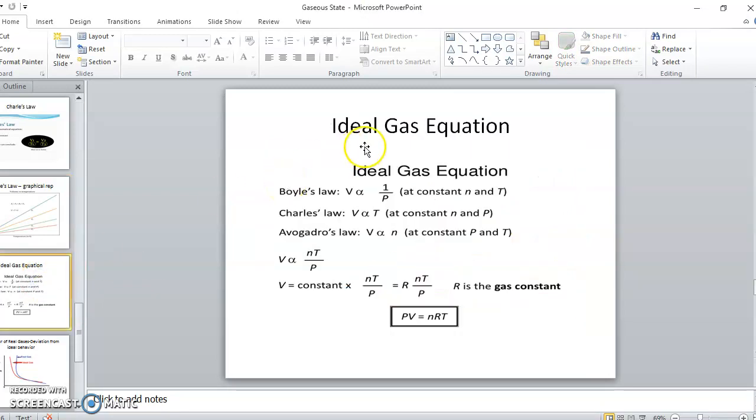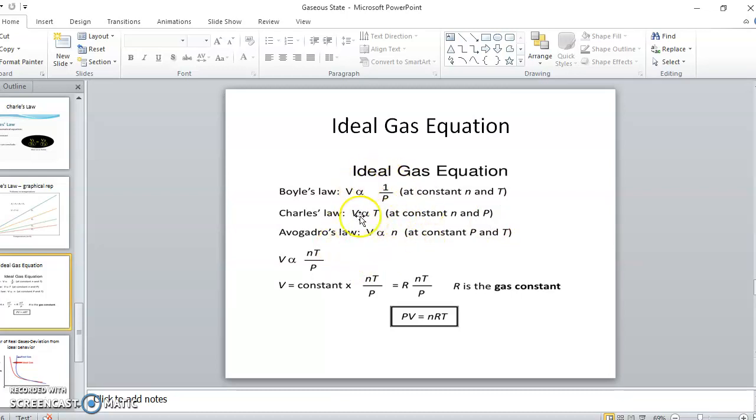Now we'll discuss the ideal gas equation. What is the ideal gas equation? We have Boyle's law: V is inversely proportional to pressure at constant n, the number of moles of gas, and temperature. Similarly, Charles' law: volume is directly proportional to temperature at a constant number of moles and pressure. Avogadro's law: volume is directly proportional to number of moles.